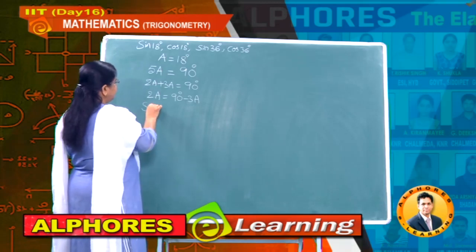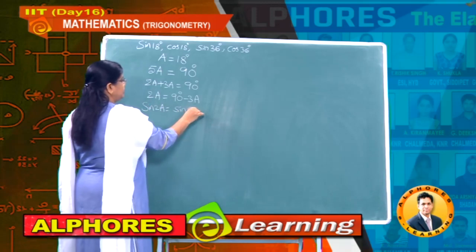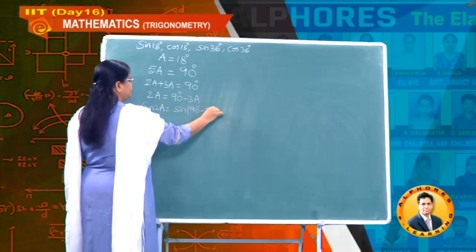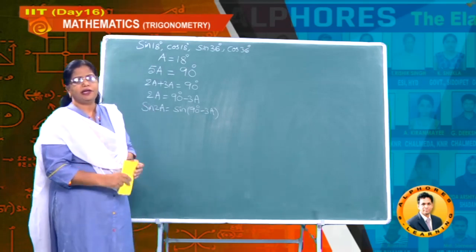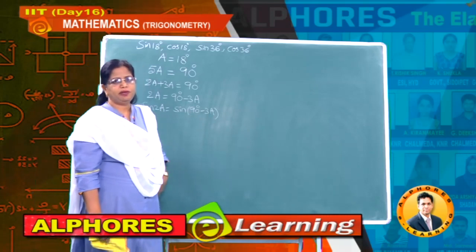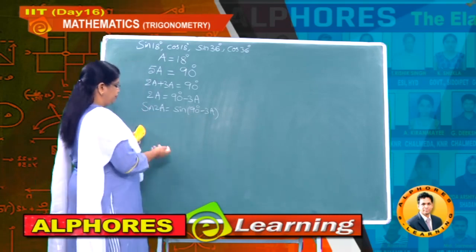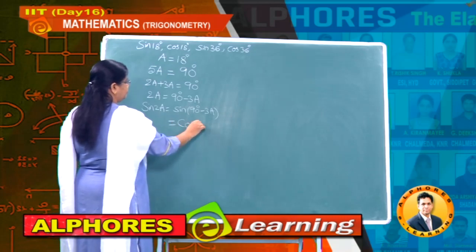Sine 2A equals sine of 90 minus 3A. We took sine on both sides because the required one is sine 18 degrees. What is sine of 90 minus 3A? It is cos 3A.